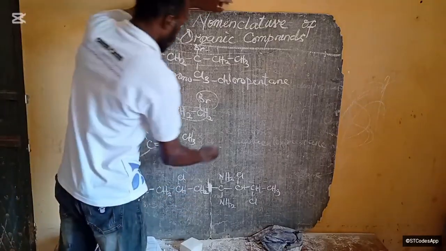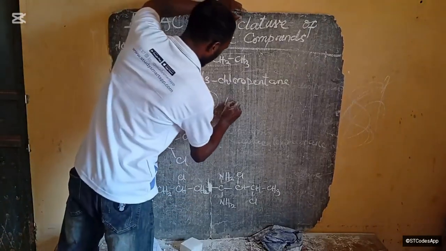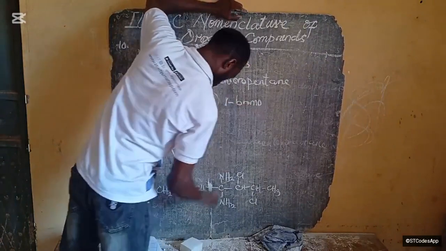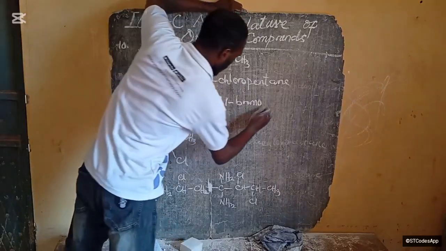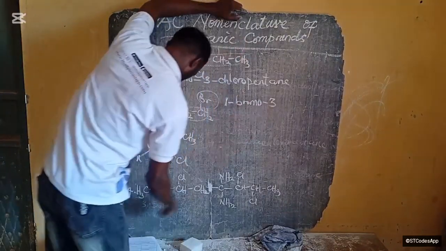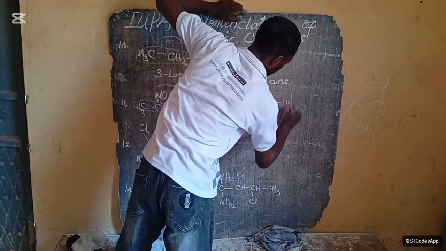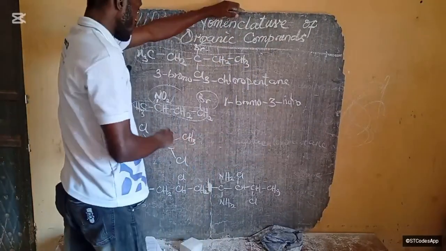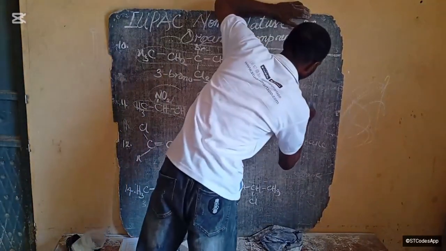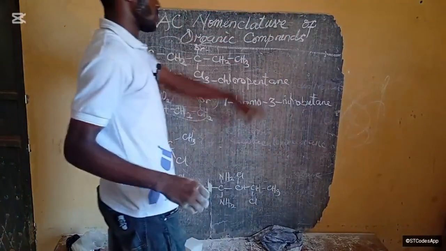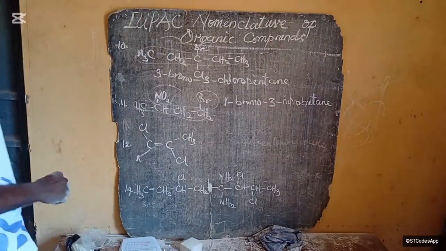So we're going to have 1 bromo, 3 nitro. How many carbons have we? 4 carbons. Butane. But because of 4 carbons, ane because of single bonds all through.